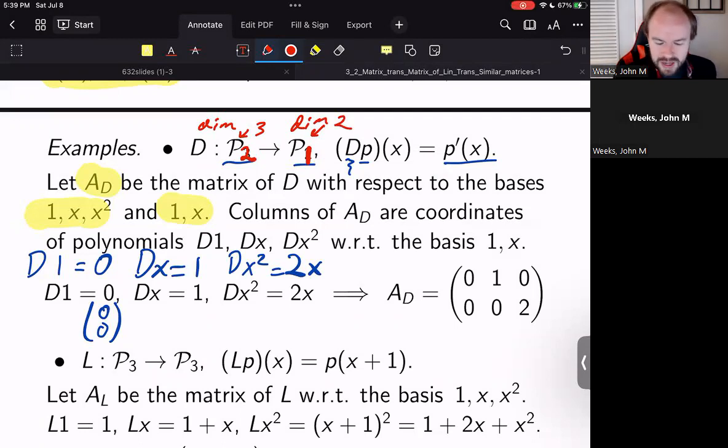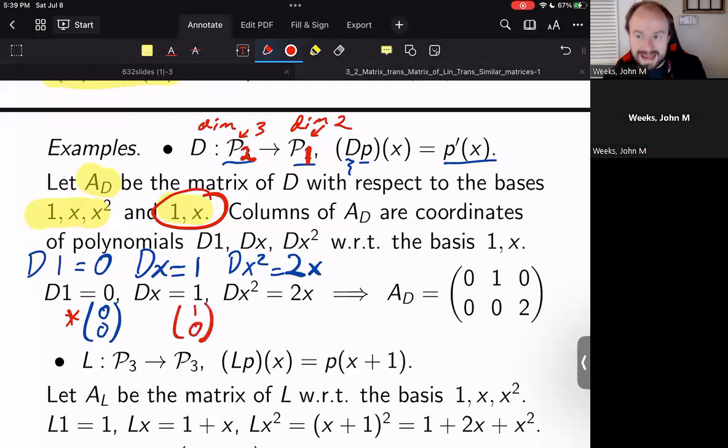So we start by trying to figure out how we are going to write the function 0 in terms of the bases 1 and x. Well, there's a 0 constant term and a 0 x term, so it is a very nice vector there. What is 1 going to look like with respect to this basis? It's going to have 1 as its constant term and 0 as its x term. Because of this, the derivative of x should be equal to 1. And finally, the derivative of x squared equals 2x.